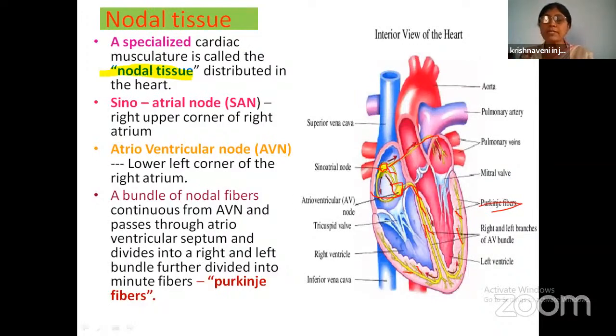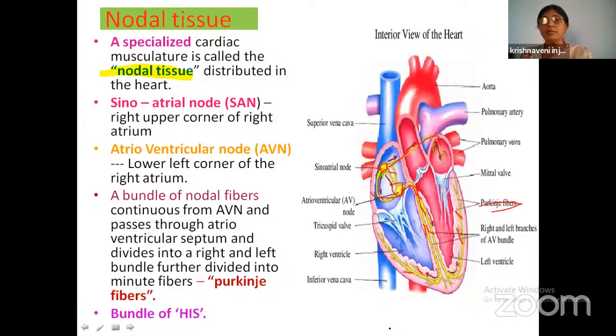These minute fibers extend to the wall of the heart, particularly the wall of the ventricles. All together these bundles are called the bundle of His. His is the name of the scientist, so that's why we call them the bundle of His.